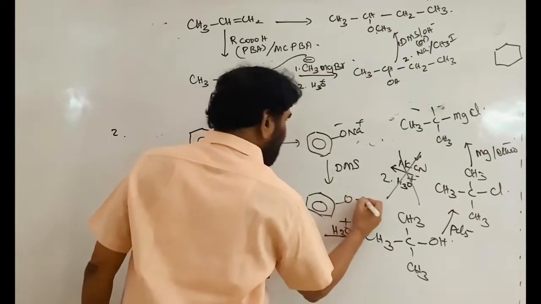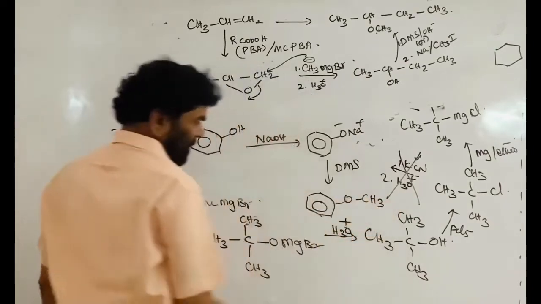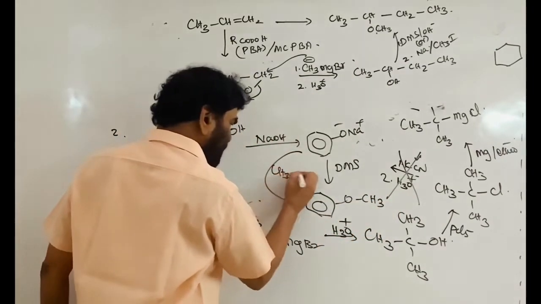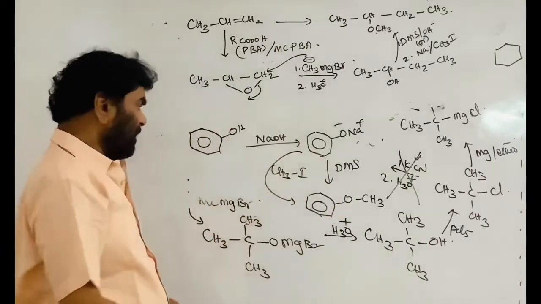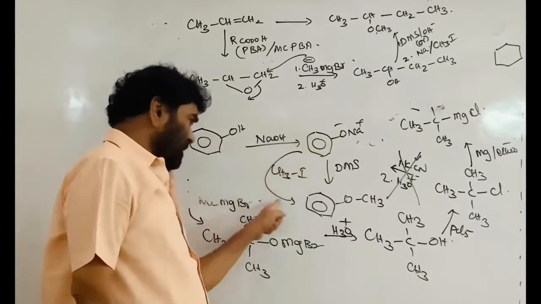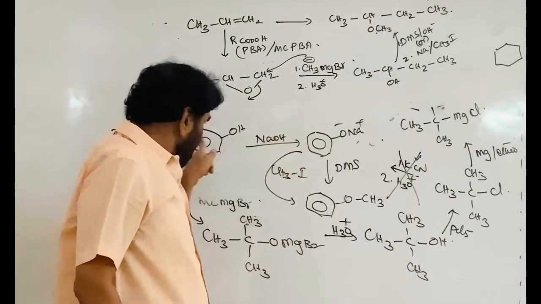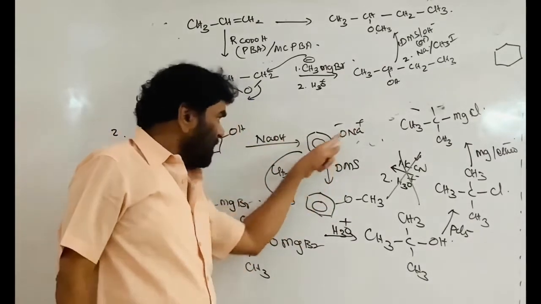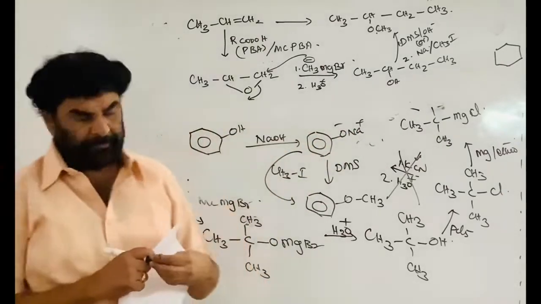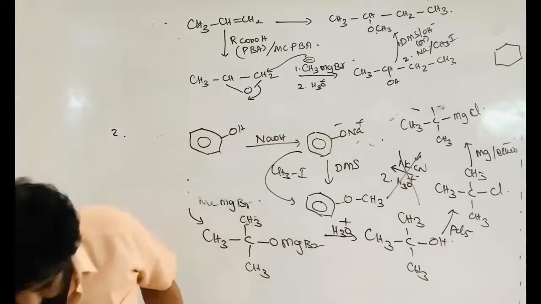I am not writing the DMS structure. Or else you treat with methyl iodide, and again it is converted into this one. So methylating agent. This is called the Williamson synthesis. Sodium alkoxide and phenoxide are treated with the alkyl halide. So the third one is this.